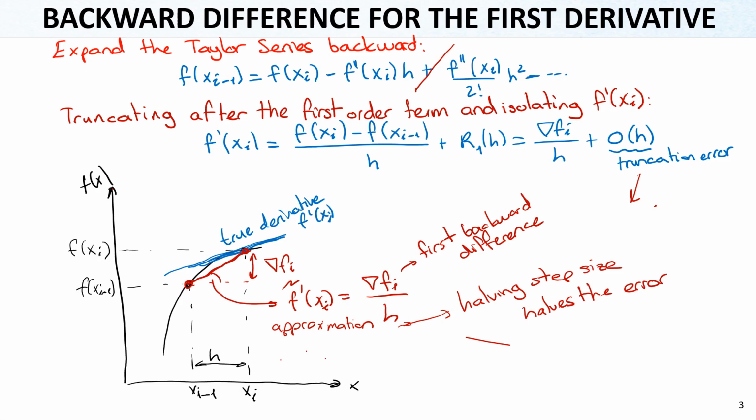So in terms of accuracy, the backward and forward differences are about the same, similar in magnitude, because the magnitude of error is linear. Let's move on to the center difference in the next slide.